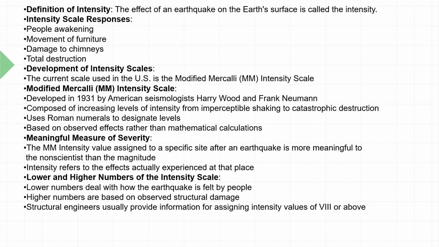So it is expressed as I, II, III, the Roman numerals. They are used to tell the intensity, and lower numbers deal with how the earthquake is felt by the people, while higher numbers are generally given if there is more damage in terms of structural damage, in terms of buildings getting damaged. The next two figures will help us understand this even better.